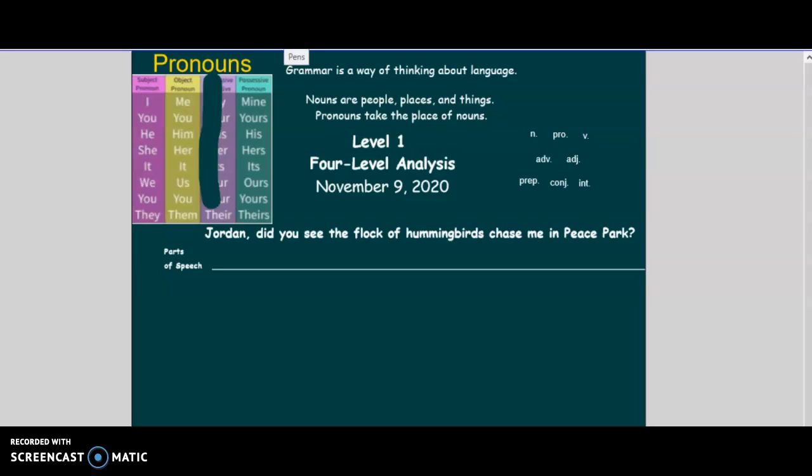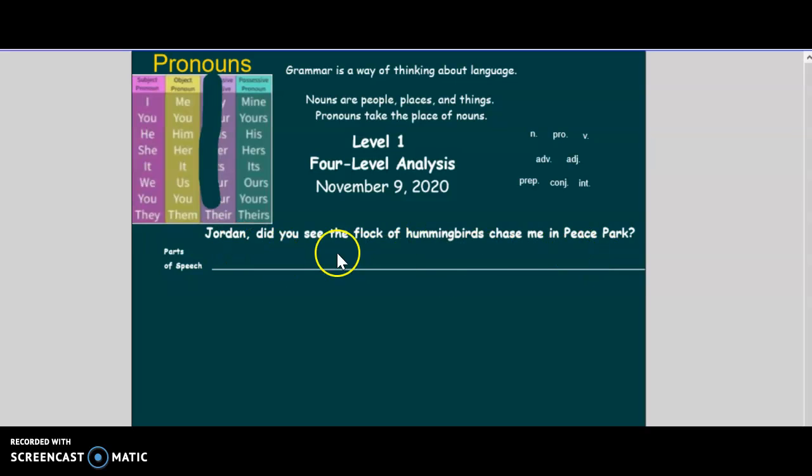So the way we're going to do our grammar, our level 1 analysis of grammar, level 1 is parts of speech, remember, is we're just going to go through the sentence and we're going to identify the part of speech for each word. Now, not every word in this sentence is a noun or a pronoun. That would be impossible. You have to have at least one verb in your sentence for it to be a sentence.